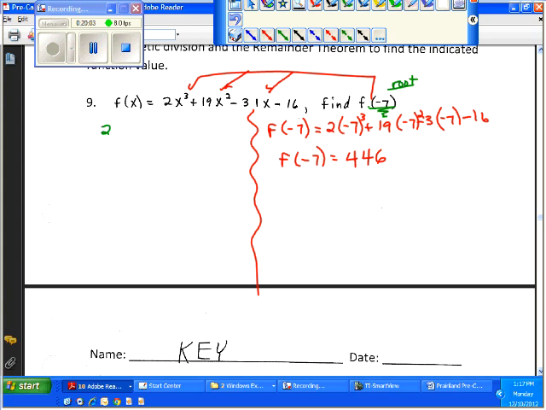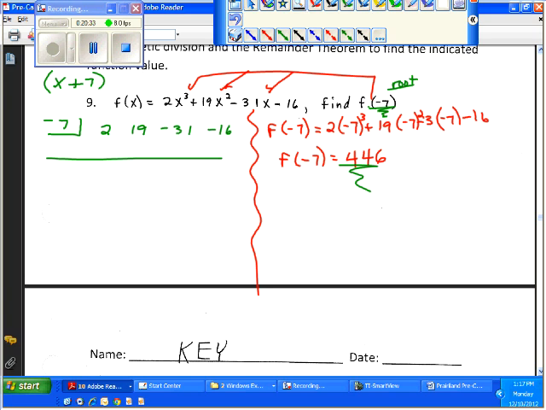So if we took 2, 19, negative 31, negative 16, divided by negative 7, which means the factor would actually be an x plus 7, right? Then the remainder, when we do that, should come out to be 446.